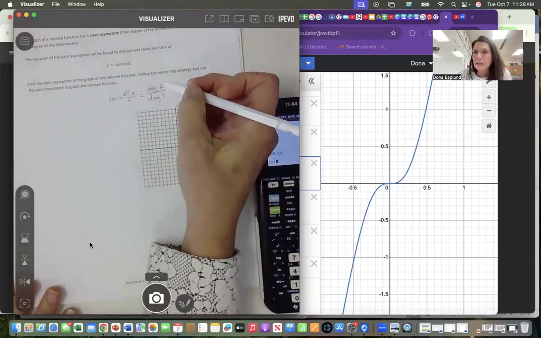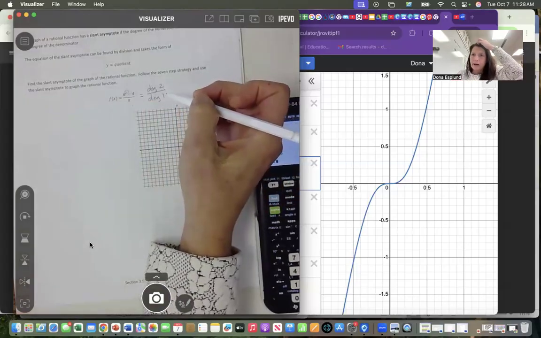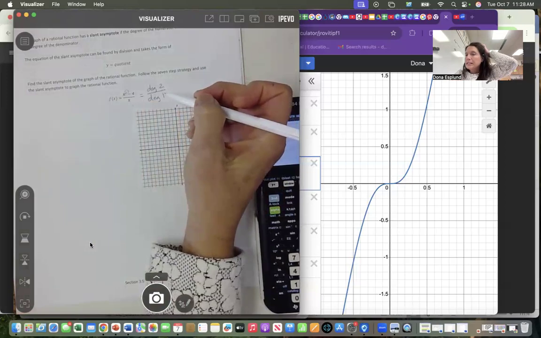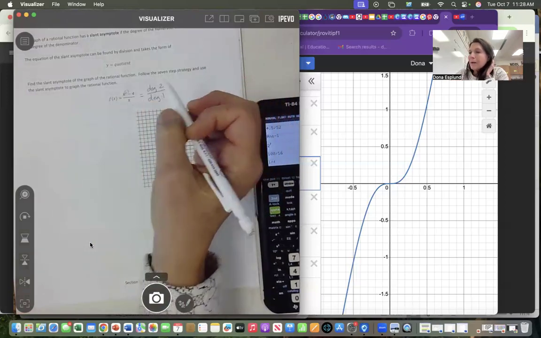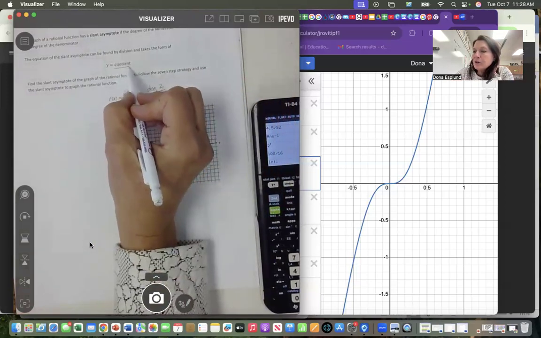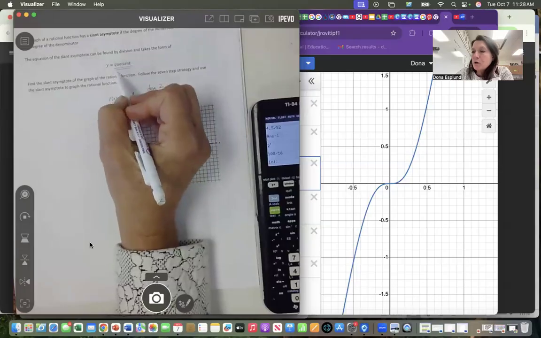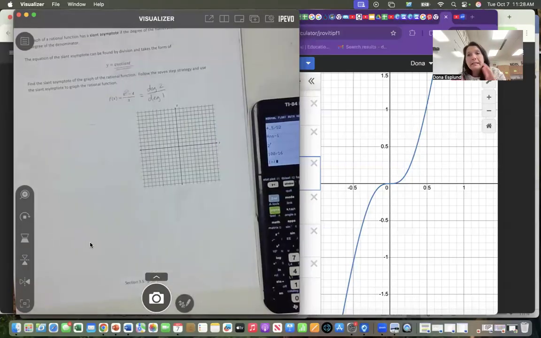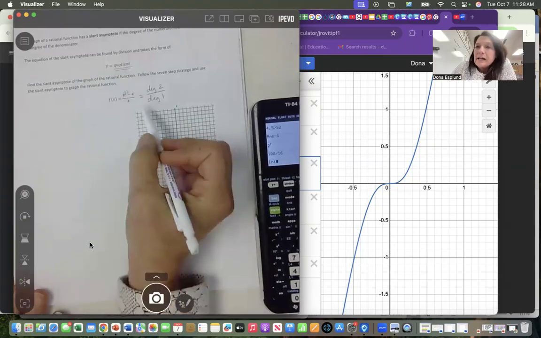Because the top has a higher degree than the bottom, I'm going to look for my slant asymptote. It's going to be the equation y equals this quotient. Now remember, quotient means the answer to a division problem, but it's not going to include any of my remainder. So I just have to divide.